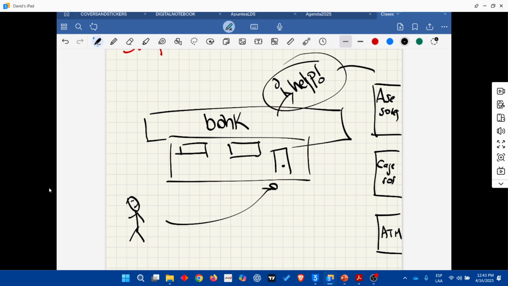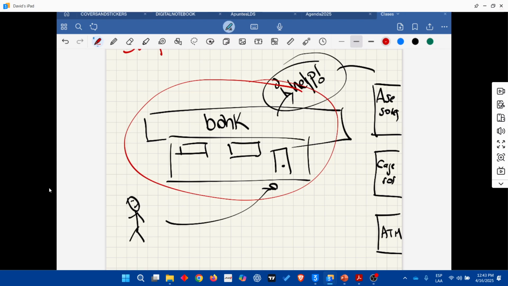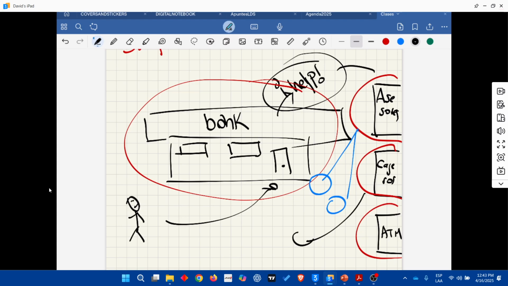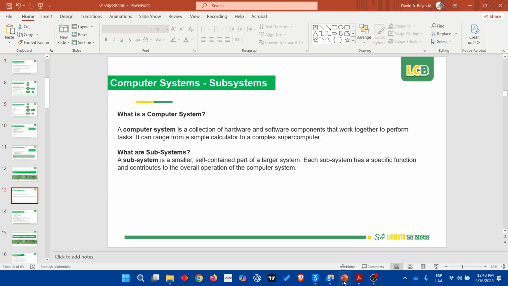Okay, so you are seeing that the big system, that is the bank, is divided in this case into three subsystems. Okay, and those subsystems could be divided into other subsystems that are called further subsystems. Let me explain it to you with the slides.